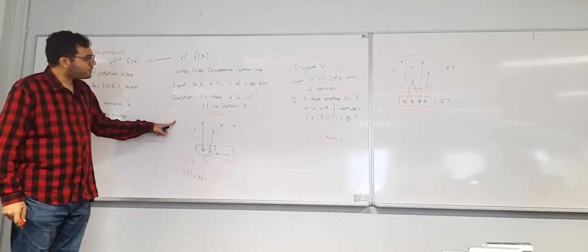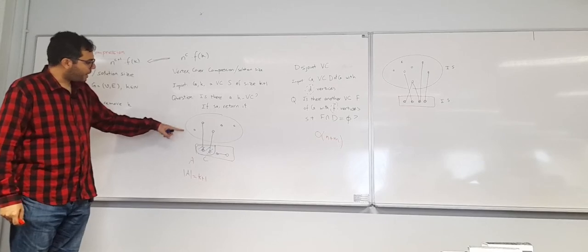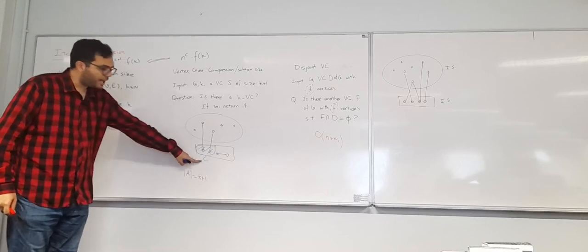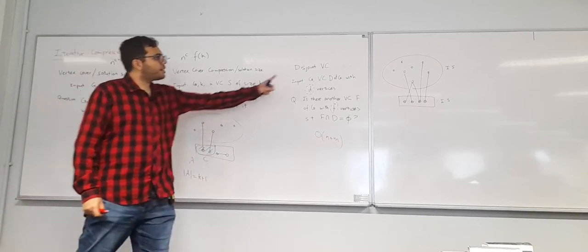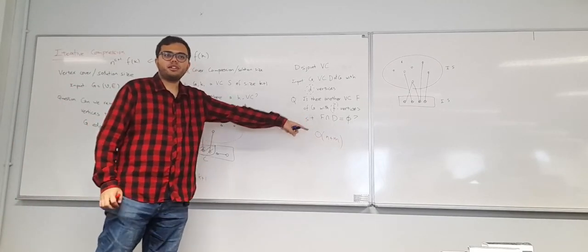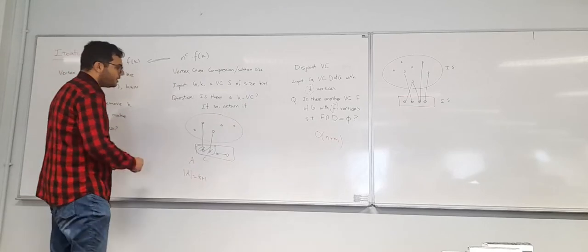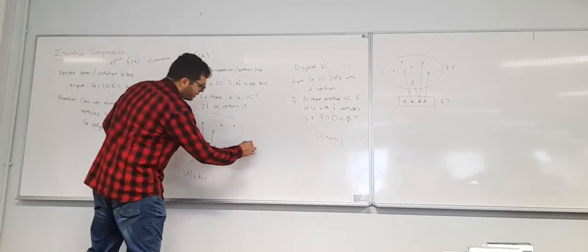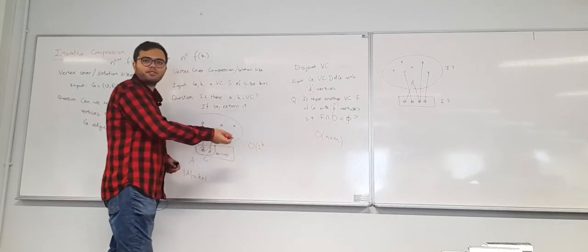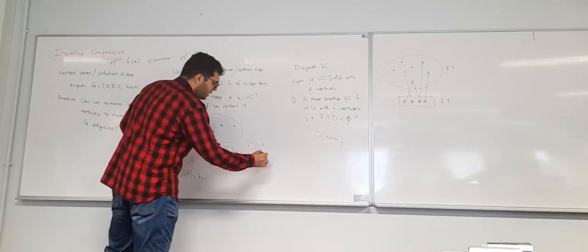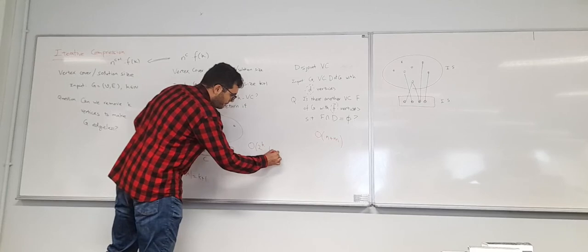Well, I'm just trying 2 to the power of k plus 1 different values for C. And for each of them, I'm making a call to disjoint vertex cover. So this one is solved in time 2 to the power of k plus 1, but I just write 2 to the power of k because I don't care about constants, times n plus m.